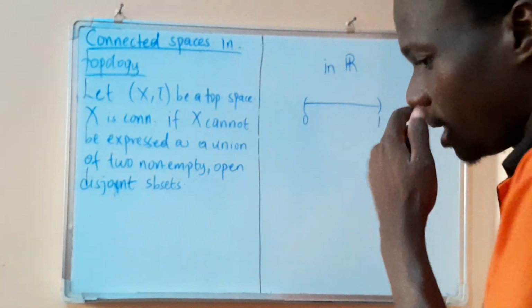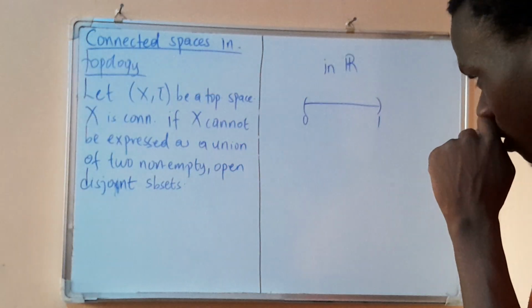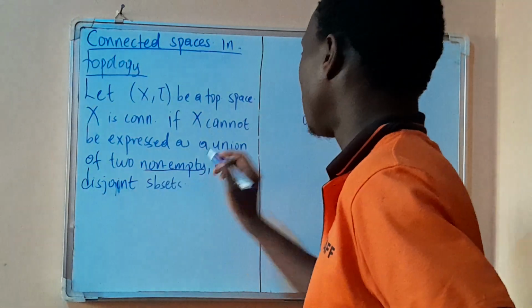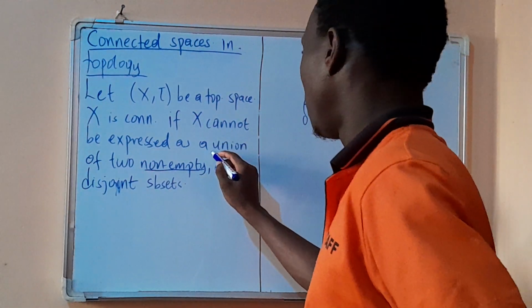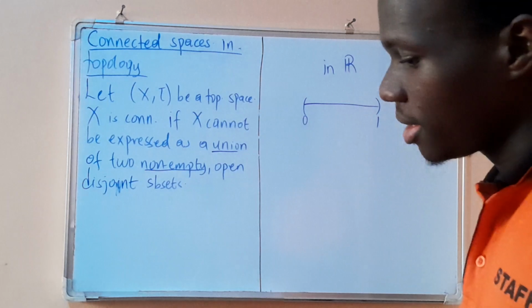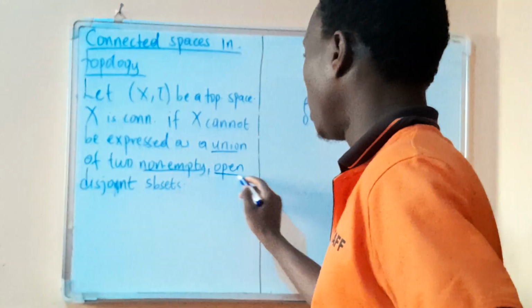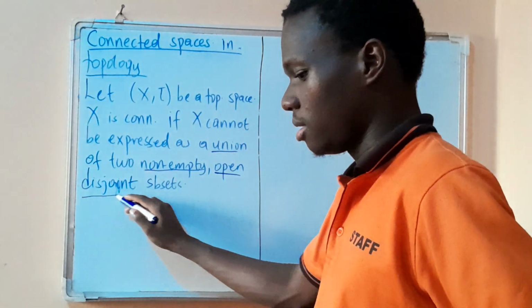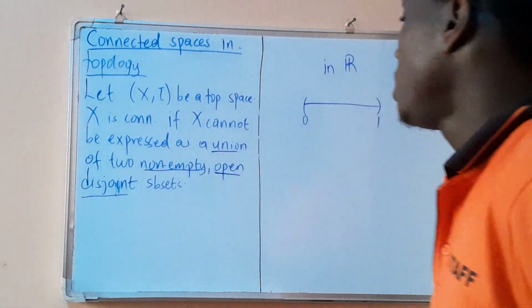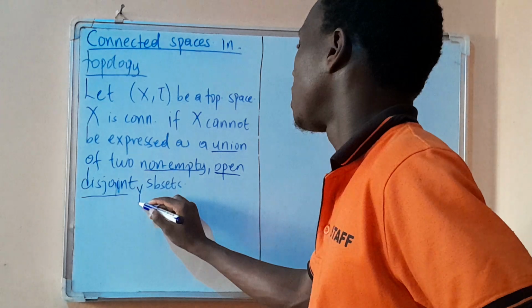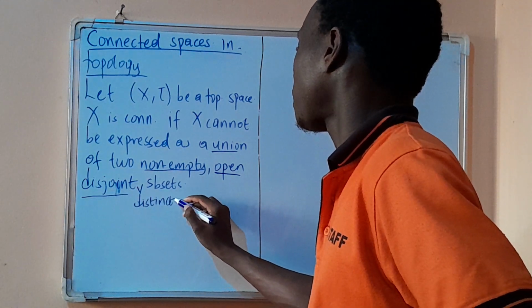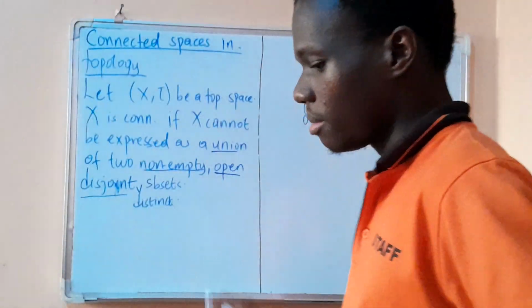There are fundamentally a few things to take note of. X cannot be expressed as a union of two non-empty, open, disjoint, and distinct subsets.